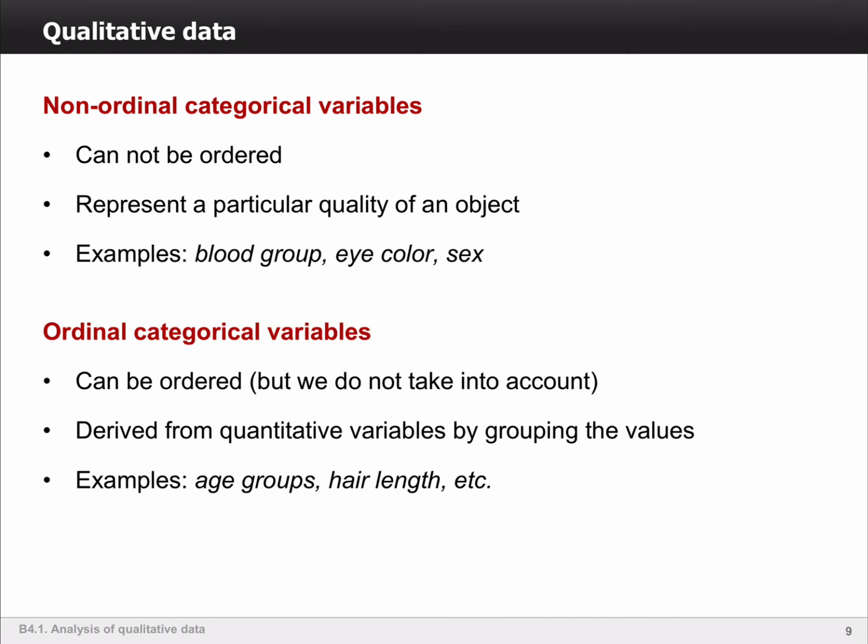And ordinal ones are usually made from quantitative variables by grouping the values, by discretizing them. For example, you can think about age groups. Instead of age in years or in days, in months, you can say, for example, below 18, between 18 and 40, between 40 and 50, and then above 50. So in this case, we can treat this variable as a categorical variable.